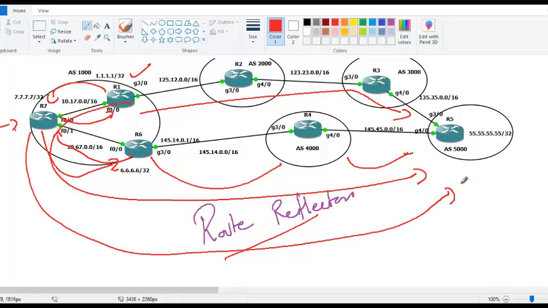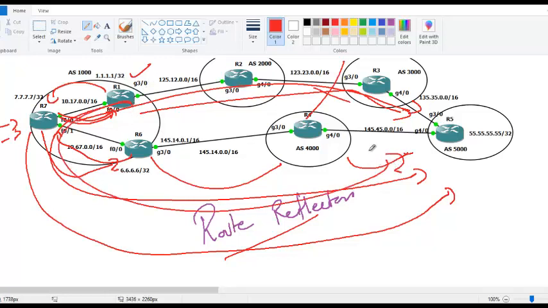Going via the shortest AS is the best path, and the best path is advertised to R1, and R1 is using it now. Not this way, R1 is using this way now. R6 is now knowing only this path.